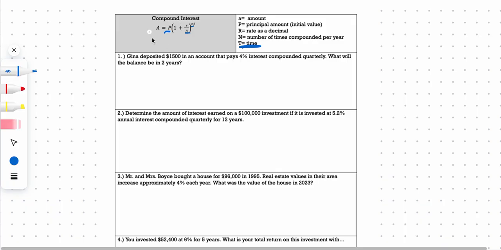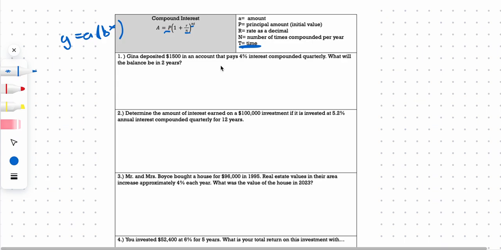So let's try to apply this new form. It's just a more complex form of the basic y equals a times b to the x power. So let's create an equation for this situation. Gina deposited $1,500 in a bank account that pays 4% interest compounded quarterly.